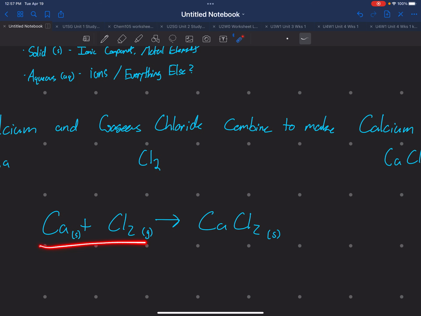Order them from reactants, arrow, to products. Count: 1 Ca here, 1 Ca there, 2 Cl here, 2 Cl there. So that's balanced, and then make sure to put phase labels.